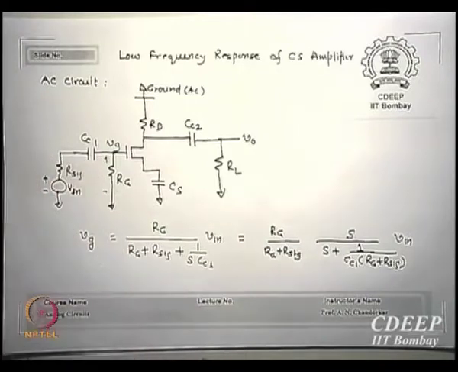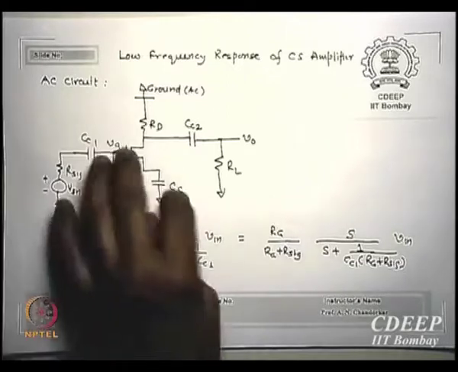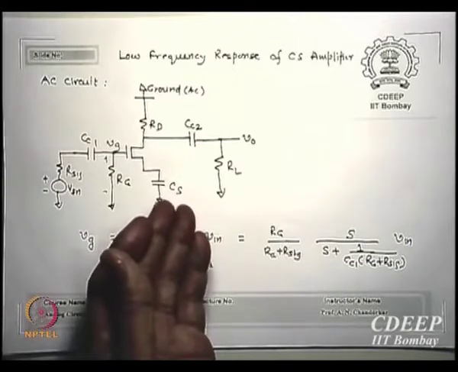CC1 will be of the order of microfarads. How much was CGD1 last time in the class? I am talking of an order of 10 to the power 6, that is, 6 orders higher or lower values are chosen for the other two. So this capacitance may be even 20 or 30 microfarads.